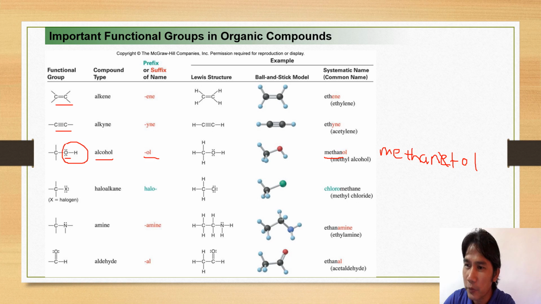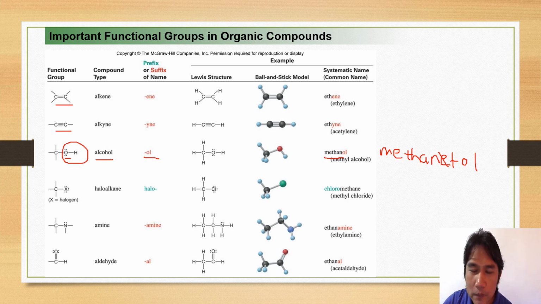The same principle applies as the number of carbons increases. The basic thing is you have to memorize the root words from 1 carbon to 10 carbons. Meth for 1, eth for 2, prop for 3, and so on.